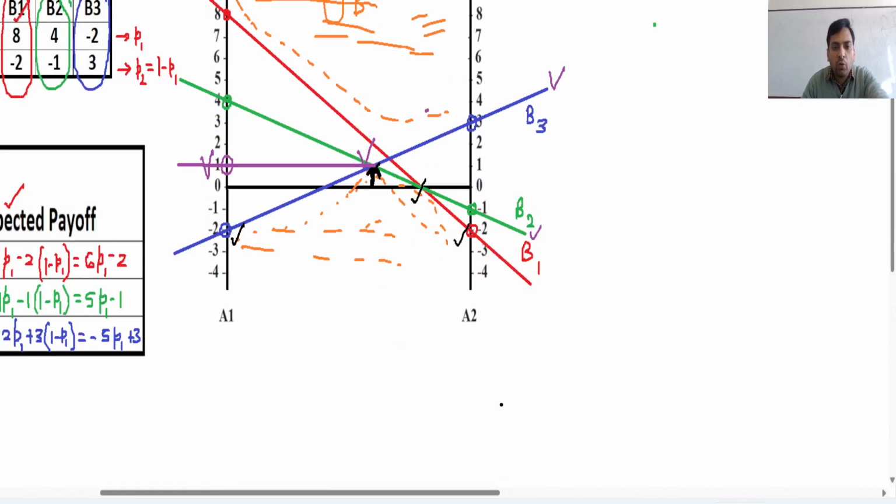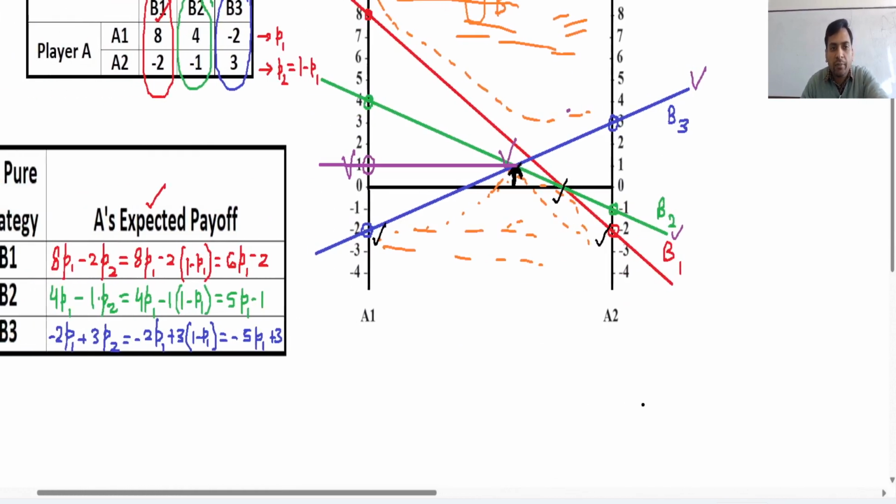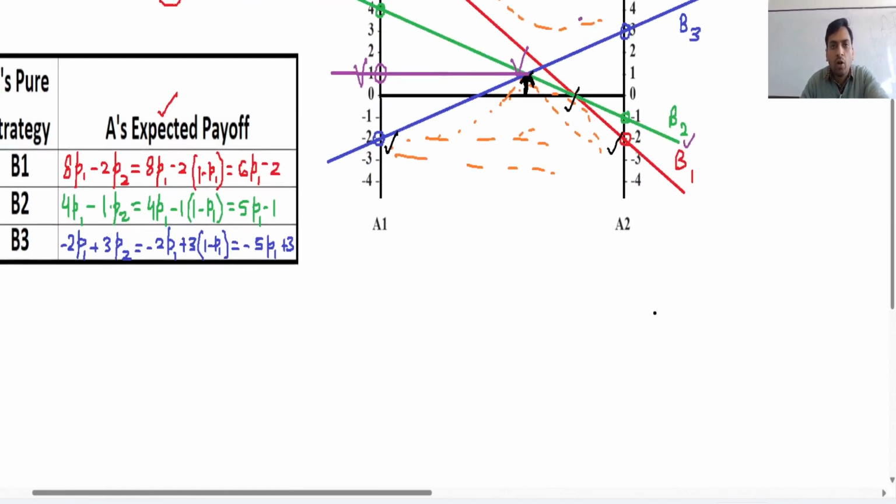So we will equate B2 equals to B3 to find the probability and the exact value of game. So B2 equals B3. B2 is this quantity and B3 is this quantity.